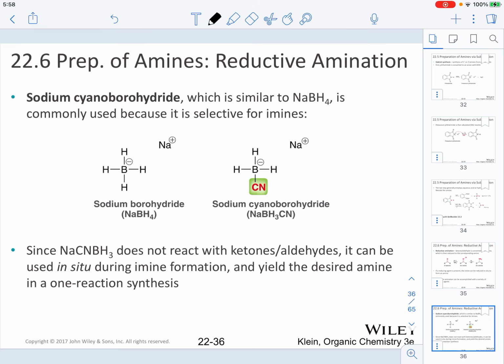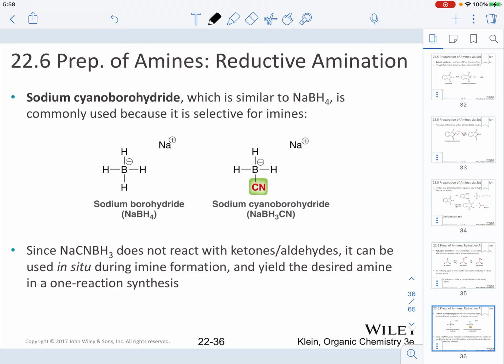Now, sodium cyanoborohydride, which is similar to NaBH4, is commonly used because it is selective for imines. In this slide, you have a comparison between sodium borohydride, the molecule on the left, and sodium cyanoborohydride, the molecule on the right.